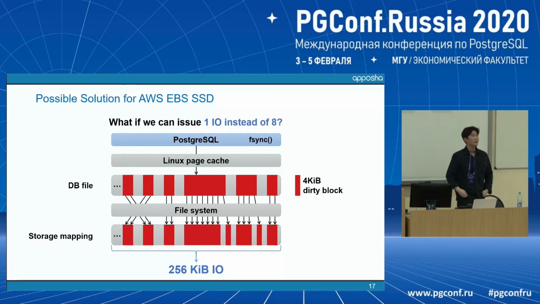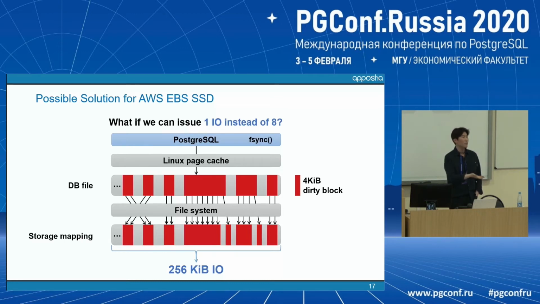So maybe a possible solution for the AWS storage is making the basic unit of I/O 256 kilobytes. If we can somehow change this, then we can issue just one I/O instead of 8, right?